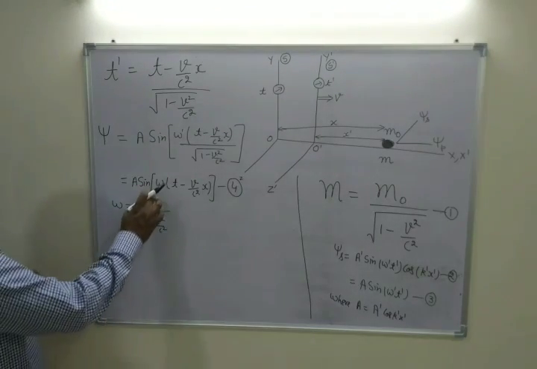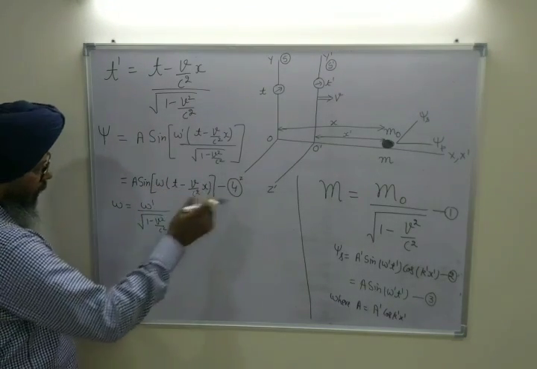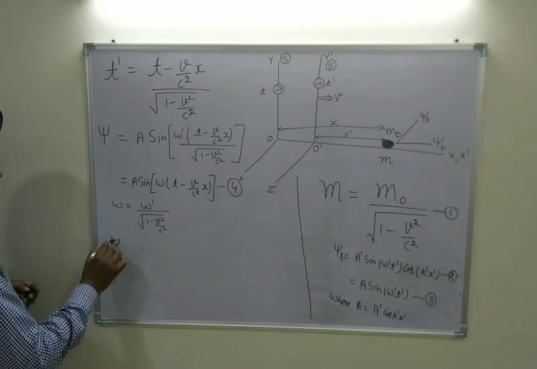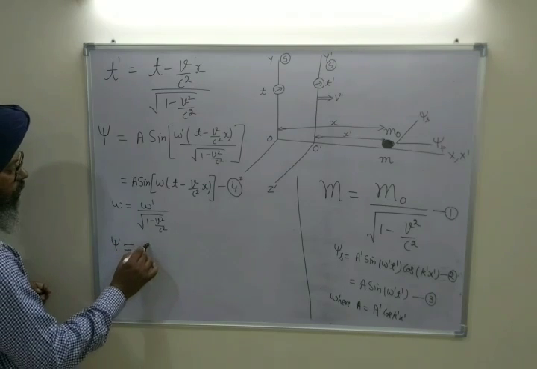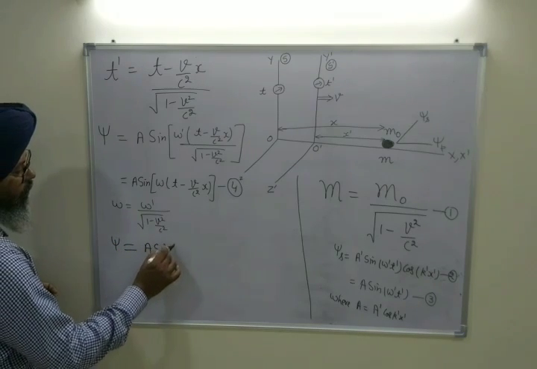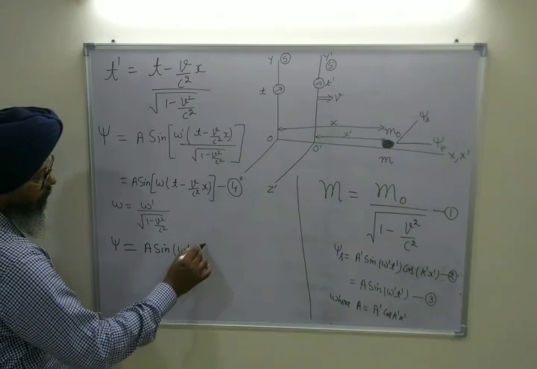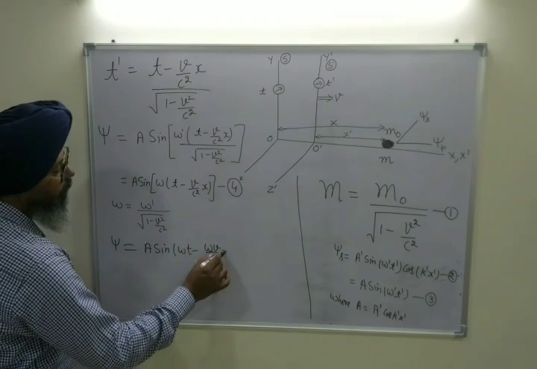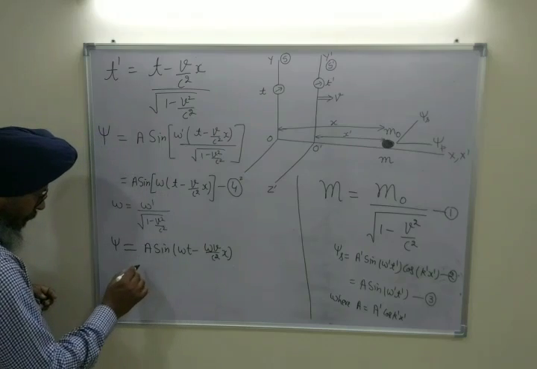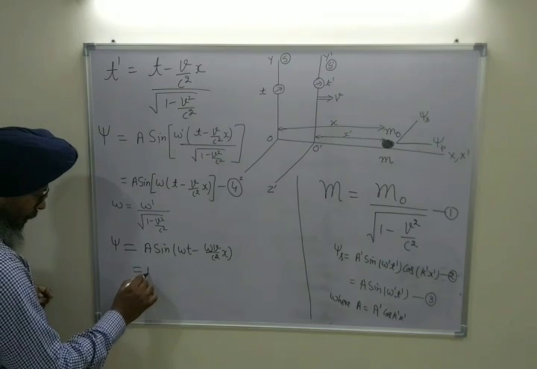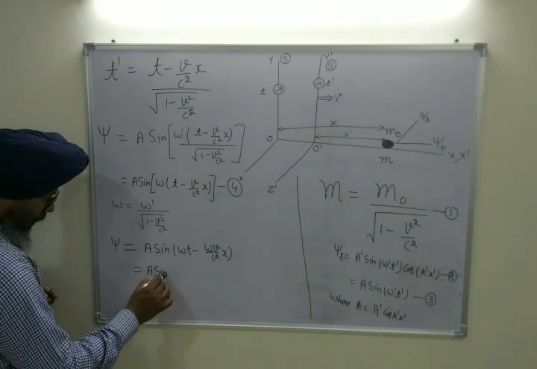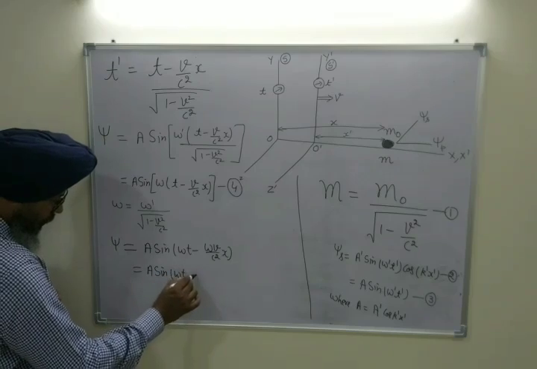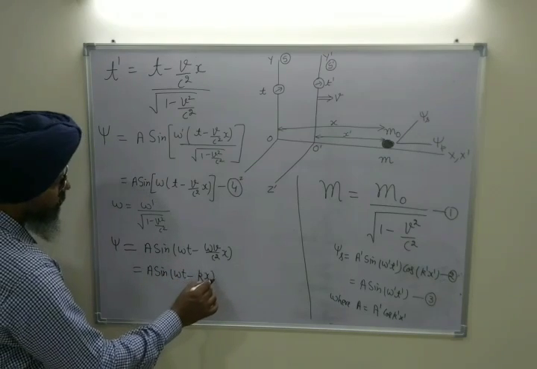Now I can just take this omega inside, and equation 4 can be written as psi is equal to A sine omega t minus omega v by c square into x, which can be further simplified as psi is equal to A sine omega t minus kx.